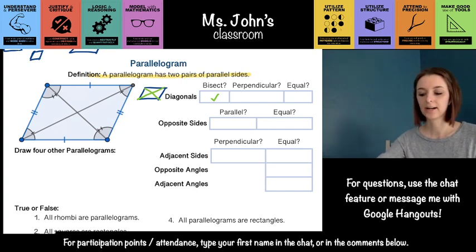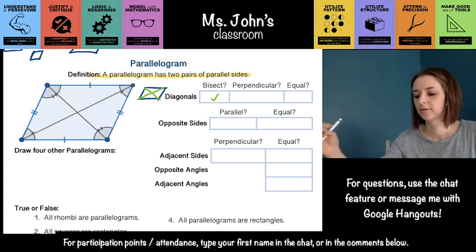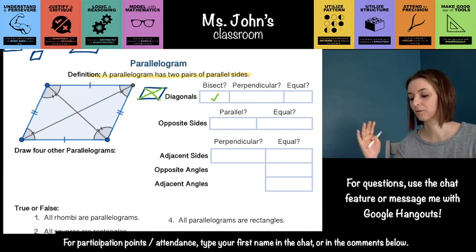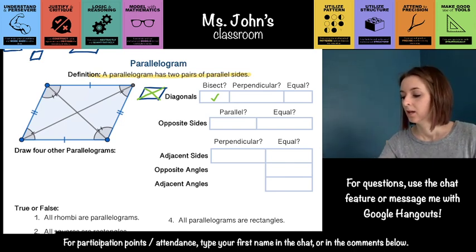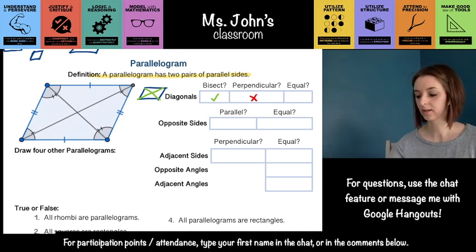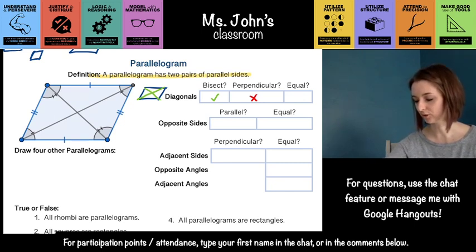However, if you think of a very extreme parallelogram with very slanted sides, they will cut each other in half, but they will not meet at a right angle. That only happens when the corners are also right angles.